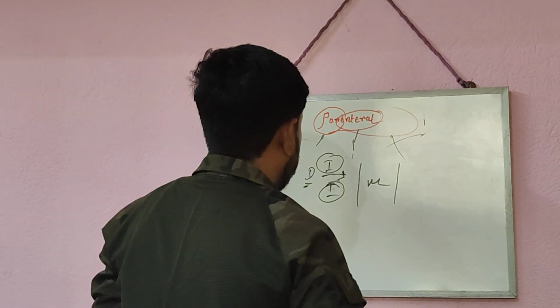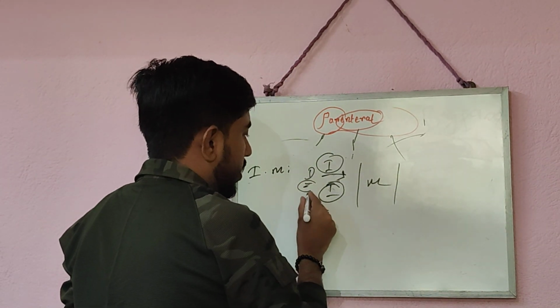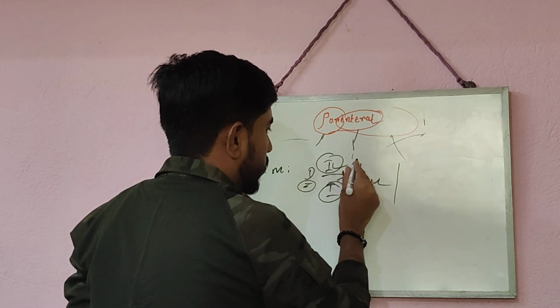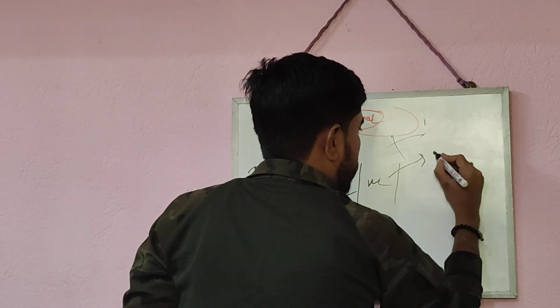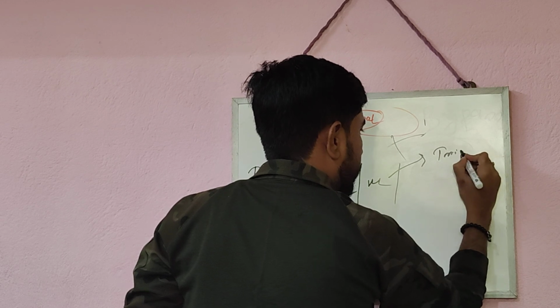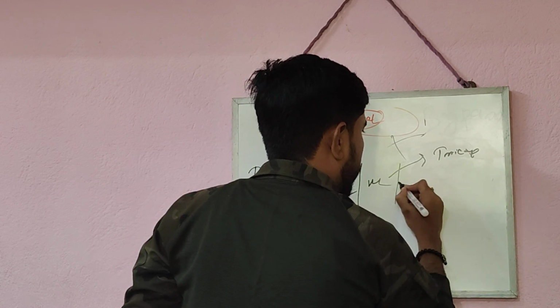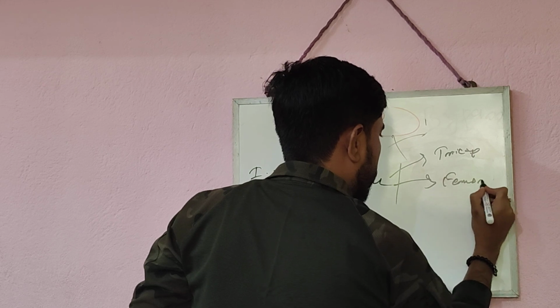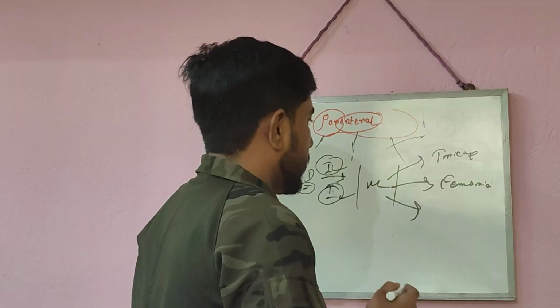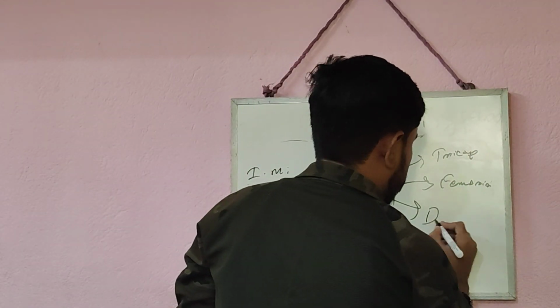Here we directly inject or infuse the drug into the different muscles in our body. That includes triceps, femoris, and deltoid muscle.